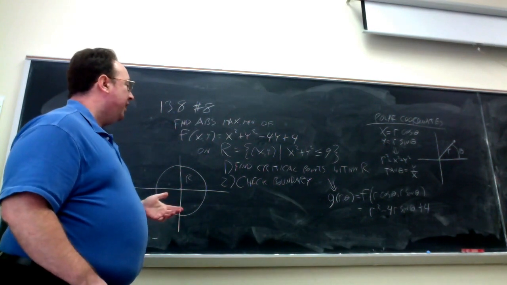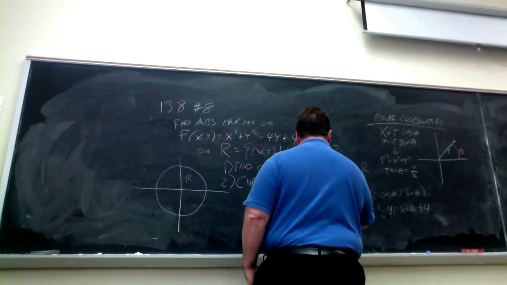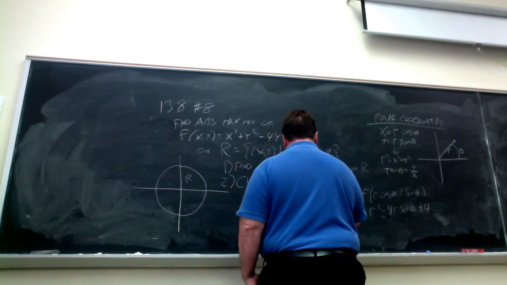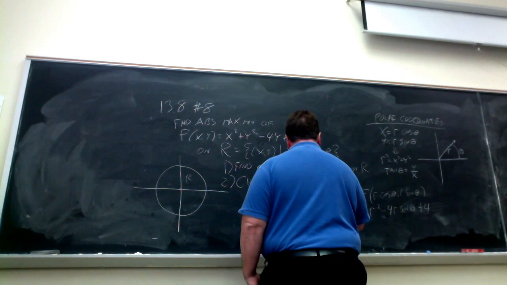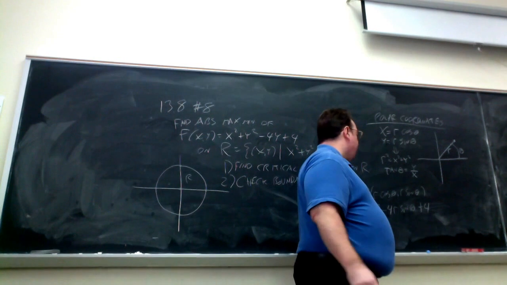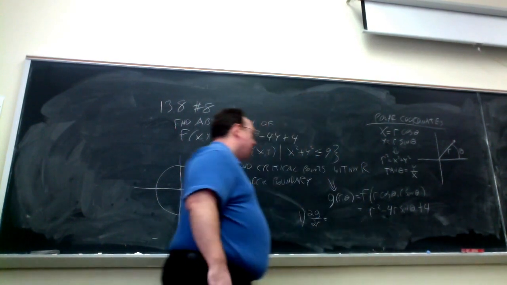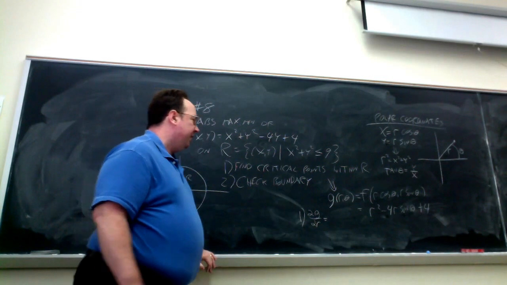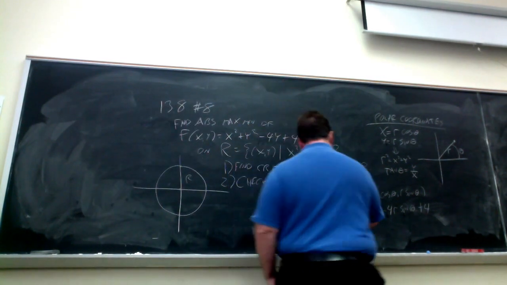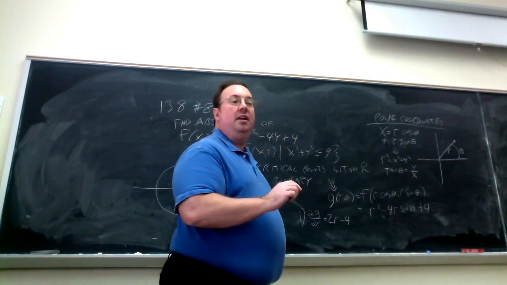And now to find critical points, you're taking partial derivatives with respect to r and theta. So dg dr. r and theta are now playing the role of your x and y. So if you're differentiating this with respect to r, what would that be? 2r minus 4 what?